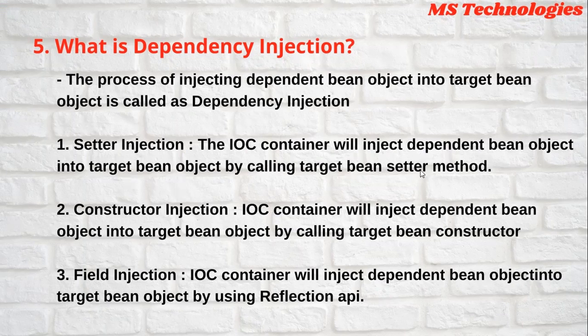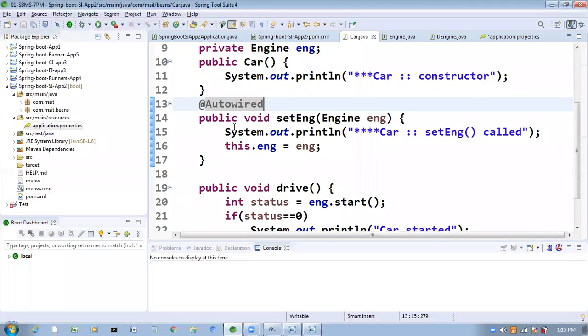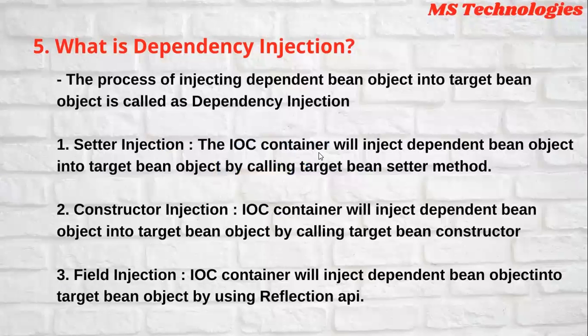Inside the Car class, we have a setter method. By using that setter method, IOC will inject this Engine object into the Car object. That is nothing but dependency injection. What other ways are there?